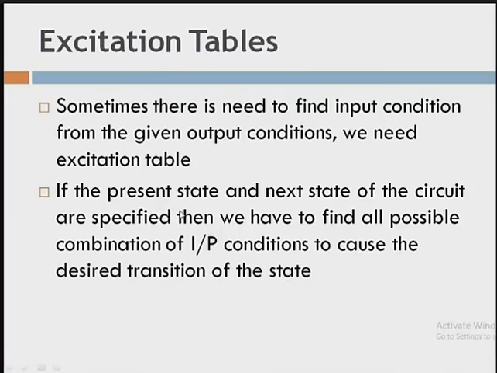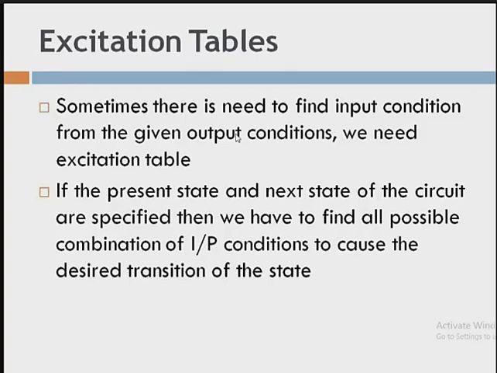For a JK flip flop, you need to calculate the values of J and K. If you compare with the truth table, in the truth table the input part is J and K and the output part is Qn plus 1.